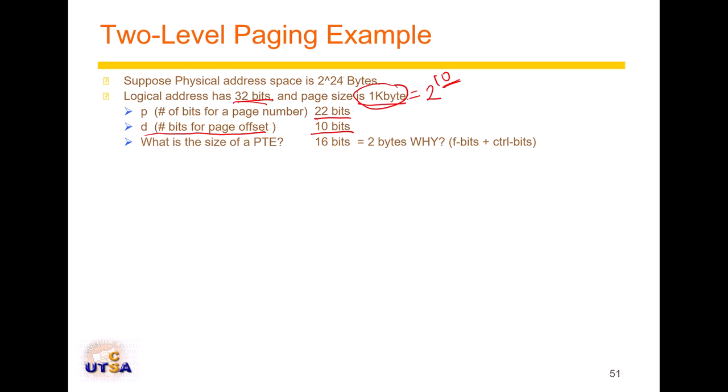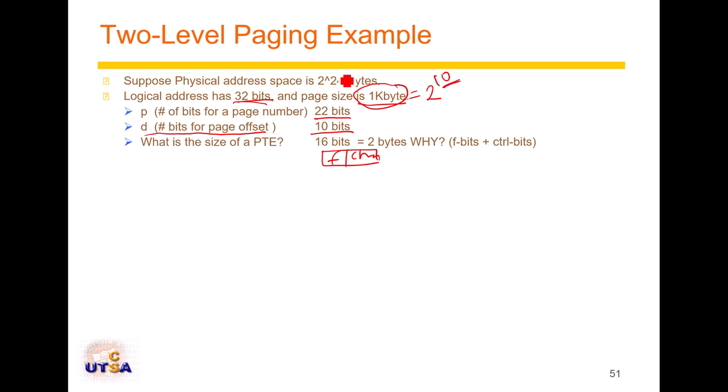And now we would also like to know the size of the page table entry. Remember, in the page table, we have to maintain at least F bits and some control bits. So in this system, what should be the value of F? How many bits do we need for the physical memory?